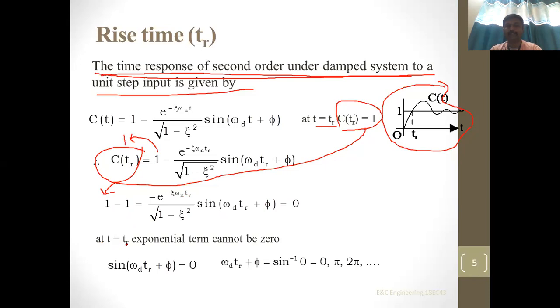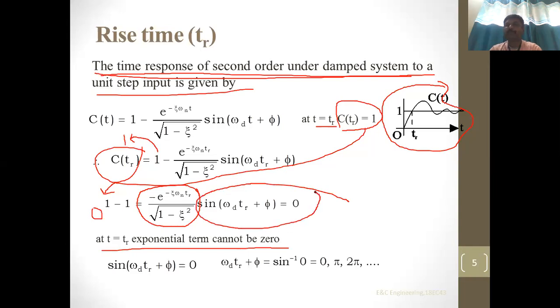Thereby, at t is equal to tr, the exponential term cannot be 0. Please try to understand why: because LHS is 0. When LHS is 0, this product should be equal to 0. But practically, this exponential term cannot be 0.